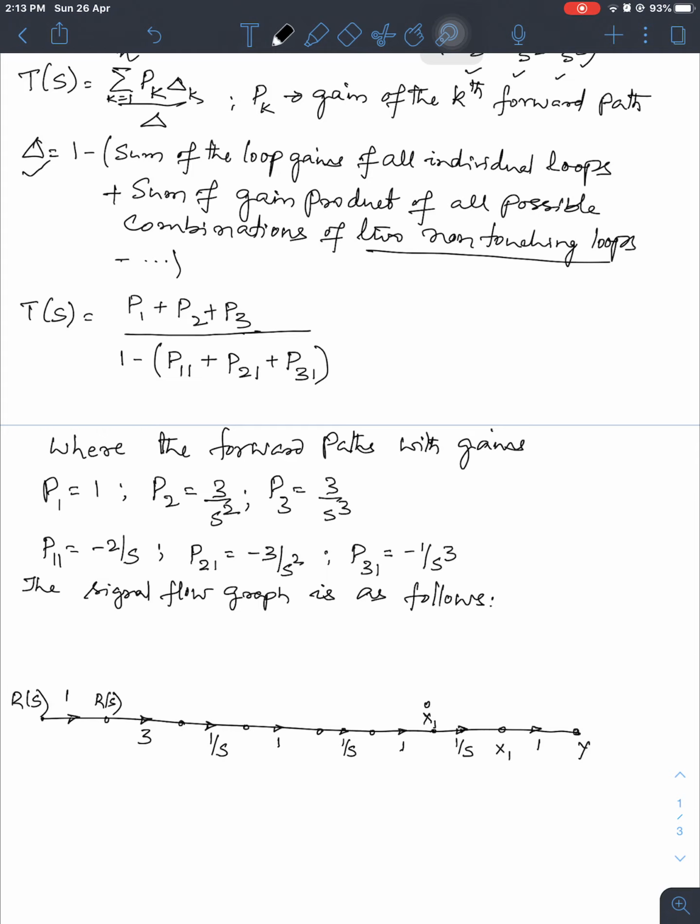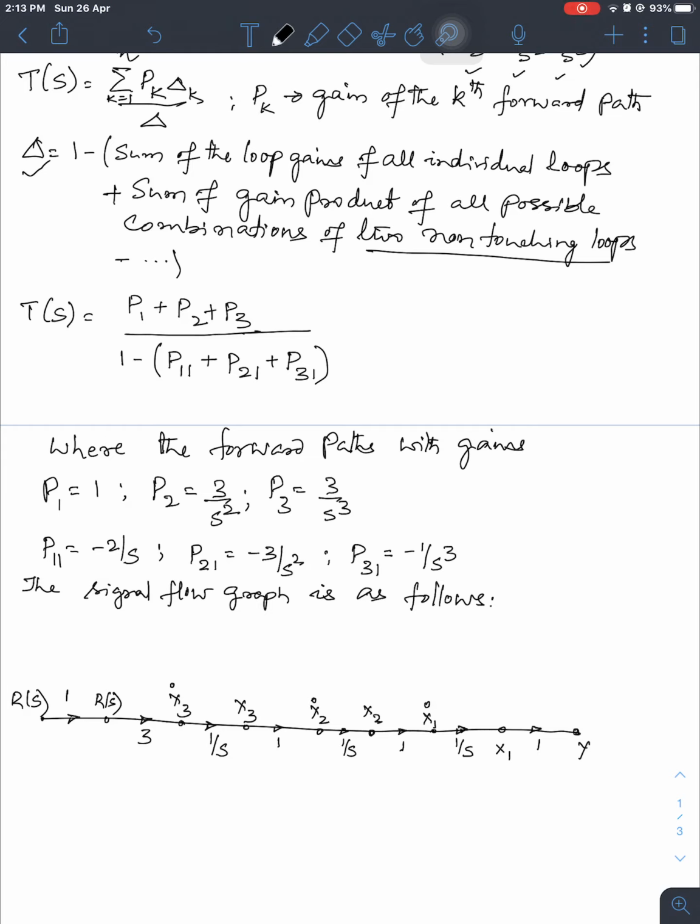So what I get here is this node is x2. And here what I get here is x2 dot. This is x3. And this one more integration will give me x3 dot. These are the variables we define.